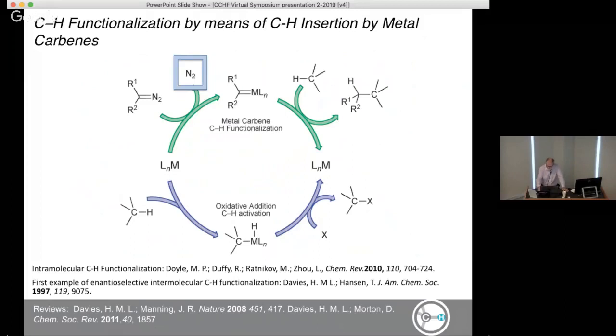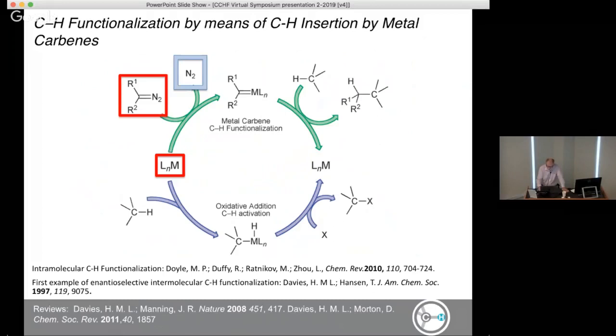Now, the challenge with this type of transformation, it's actually kinetically very straightforward. It's very fast. But typically the challenge is to be able to select which CH bond is going to be functionalized. Our control elements here come from two points of view, because we want to rely on intermolecular reactions. No doubt the intramolecular transformation is already very well established.